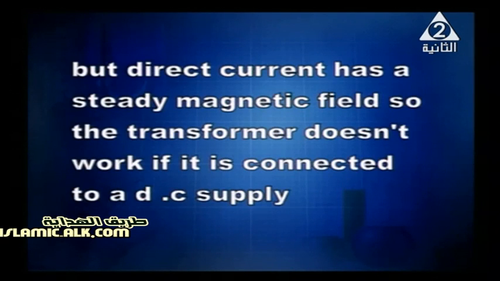And what about direct current? Direct current has a steady magnetic field. So the transformer does not work if it is connected to a DC supply, because it needs a changing magnetic field as it is based on mutual induction.